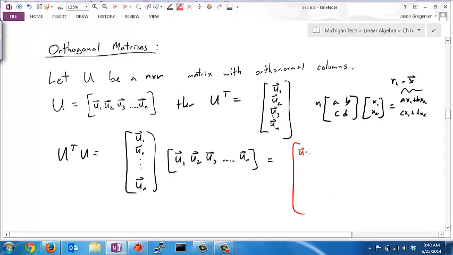This would be U1 dot U1, then U1 dot U2, U1 dot U3, and so on, U1 dot UN. The next column would be U2 dot U1, U2 dot U2, U2 dot U3, and so on all the way along. This last corner would be UN dot UN.